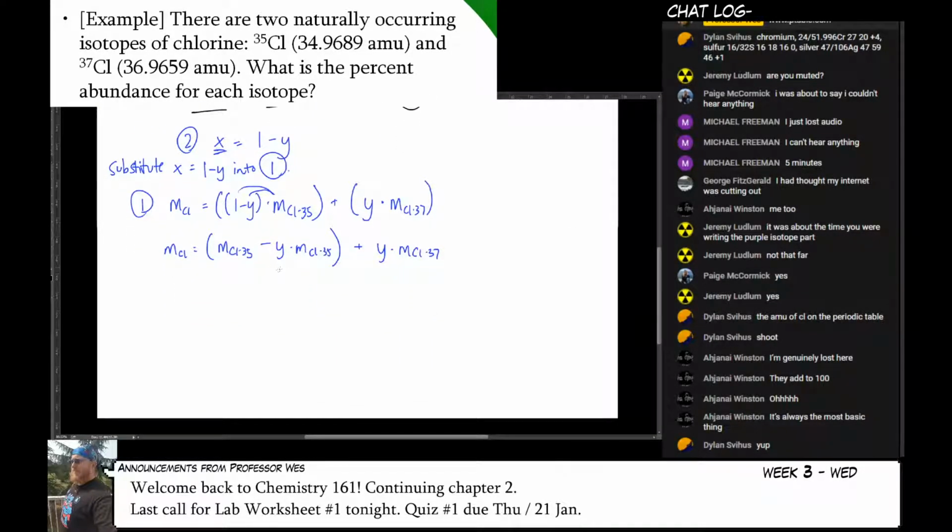Because I'm not doing multiplication between terms like this, I don't need these parentheses anymore, do I? I can just add this guy and subtract that guy and add that guy.